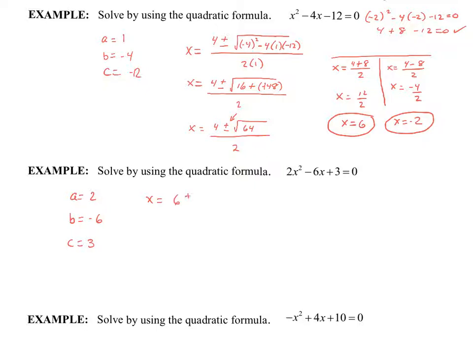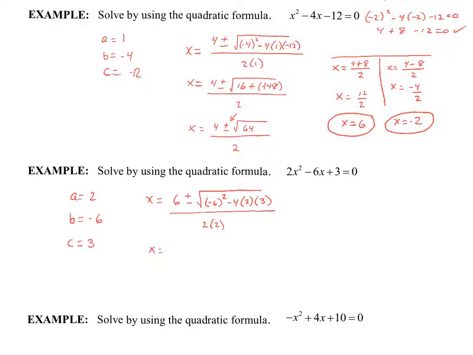So 6 plus or minus the square root of b squared, so again, put that in parentheses, (-6) squared minus 4 times a, which is 2, times c, which is 3. And this whole thing will be over 2a, so 2 times 2.